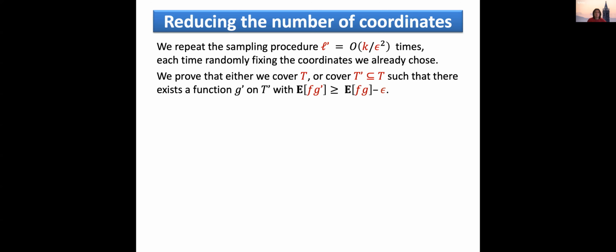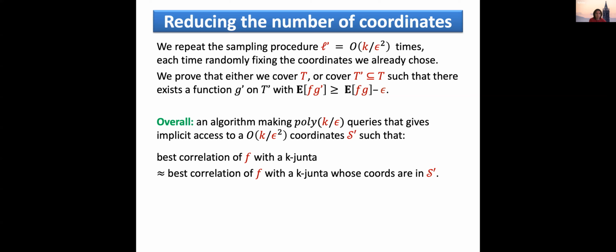And this T prime basically represents a cover of T. We show that there exists a function G prime on T prime that loses additive correlation at most epsilon. So overall, this gives us an algorithm that makes polynomial in k over epsilon queries and gives us implicit access to O of k coordinates, called S prime, such that the best correlation of F with a k-junta is approximately equal to the best correlation of F with a k-junta whose coordinates are only in S prime.